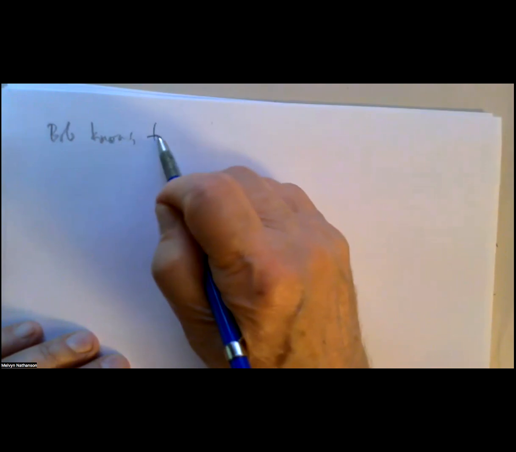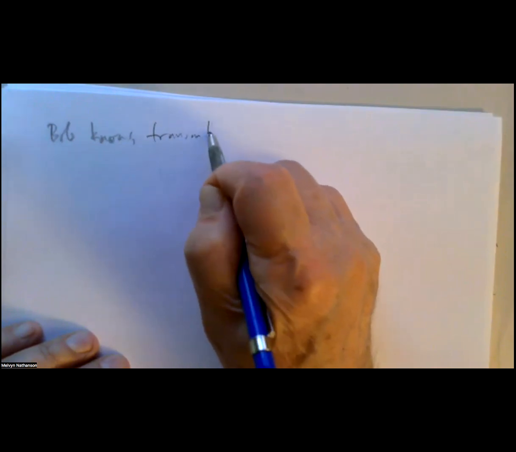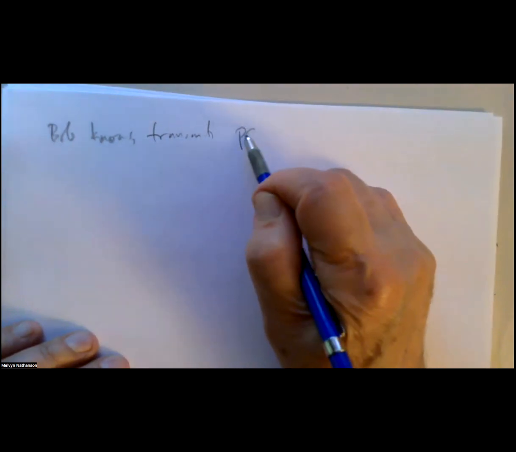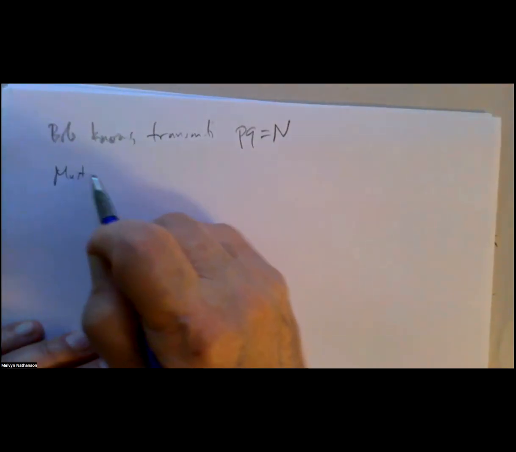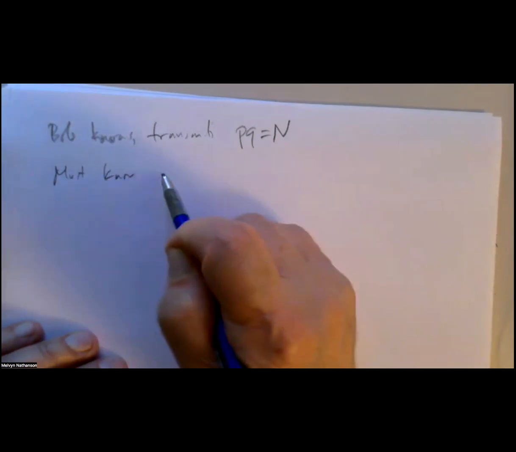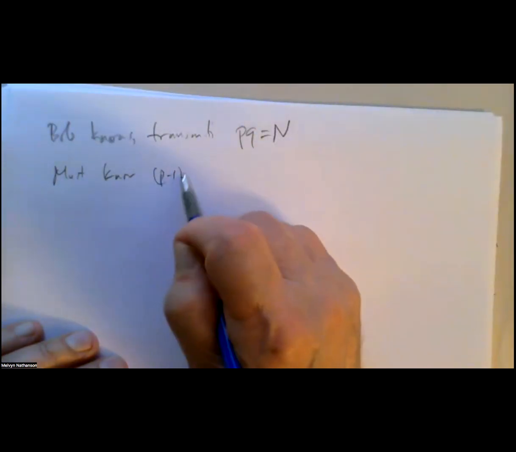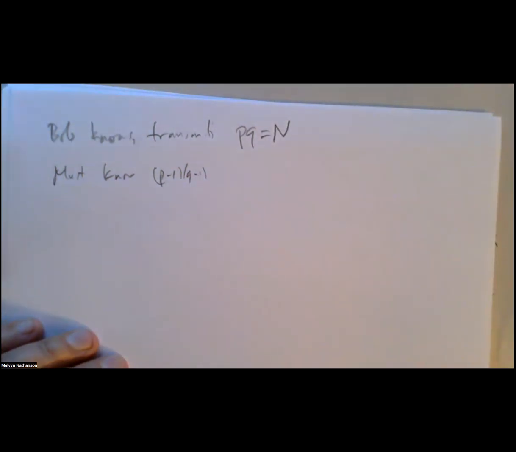He knows and he transmits P times Q, this number N. And to break the code, you must know P minus one, Q minus one.